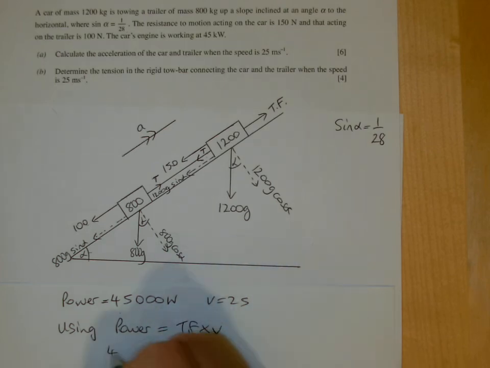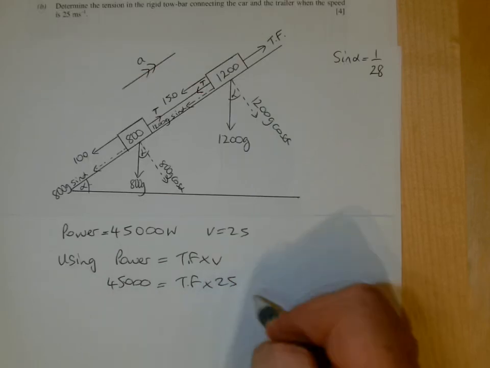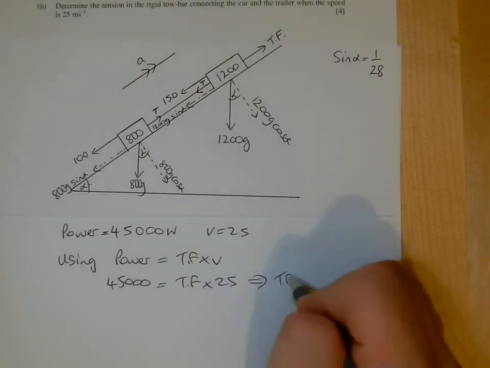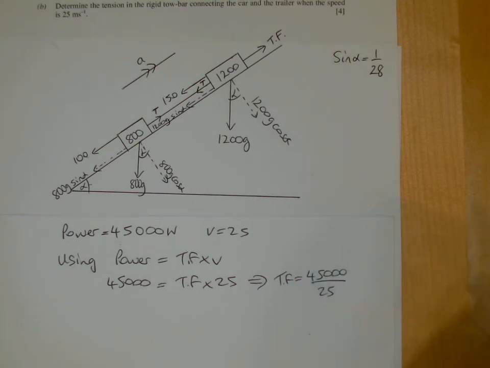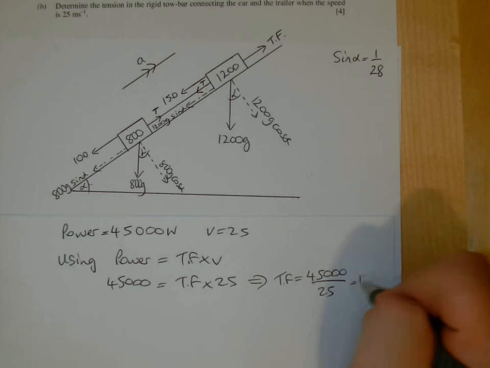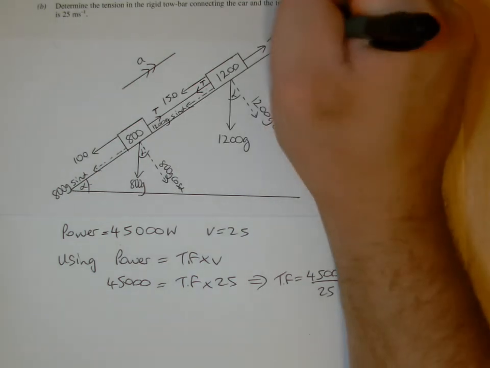So power is 45,000, tractive force is what we're going to find out, and velocity is 25. So we can get tractive force from there. That comes out to be 1800 newtons.